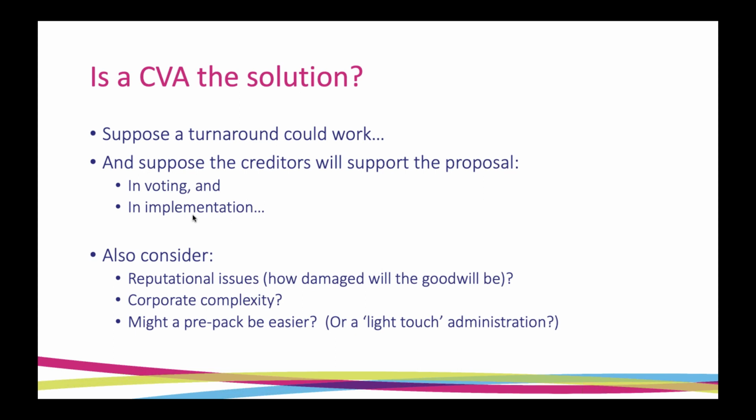We now have to think about Crown preference as well, and the CVA will have to provide for the Crown as a preferential creditor to be paid in full, which is going to mean less for the other creditors.